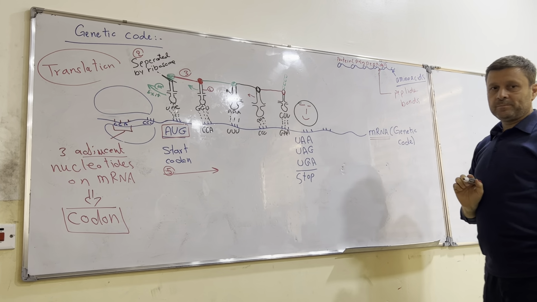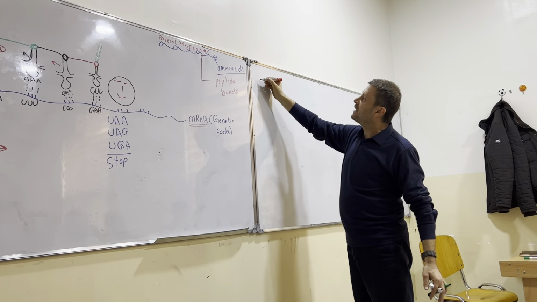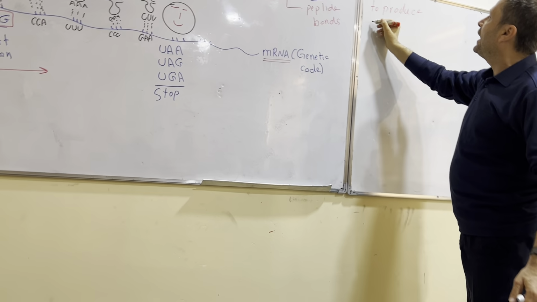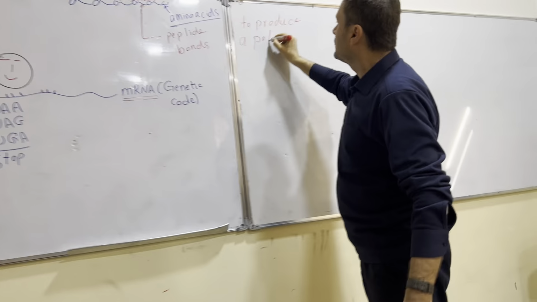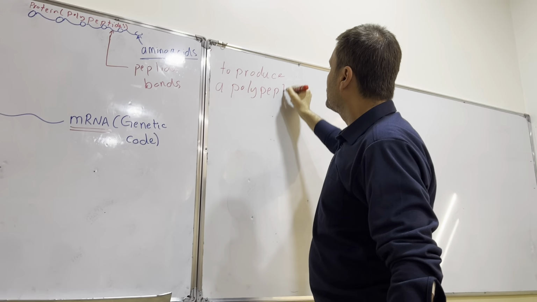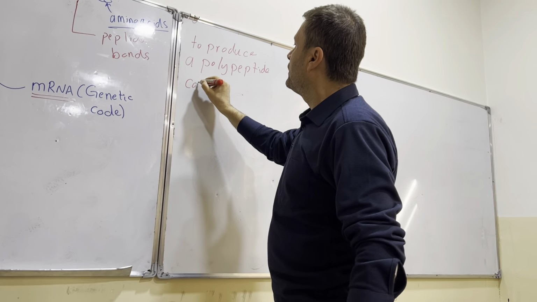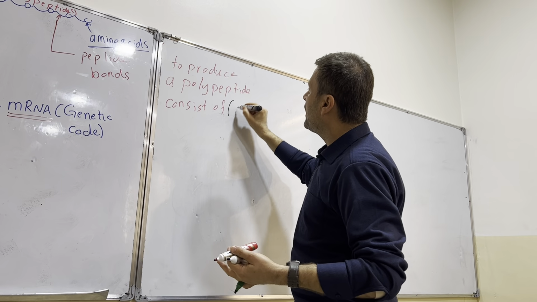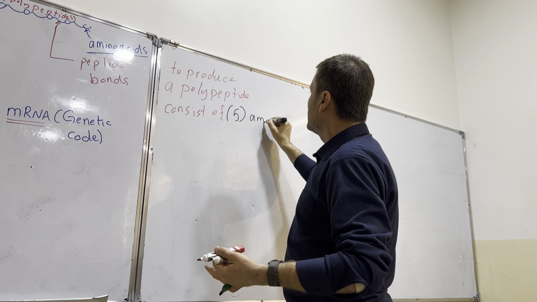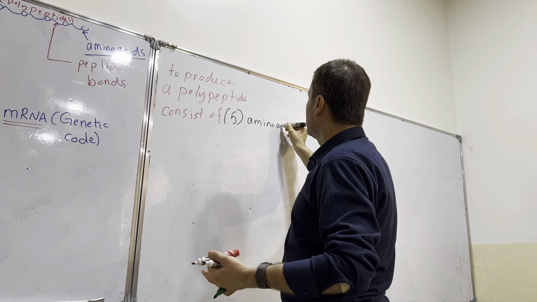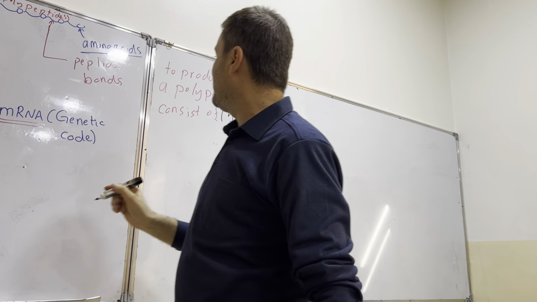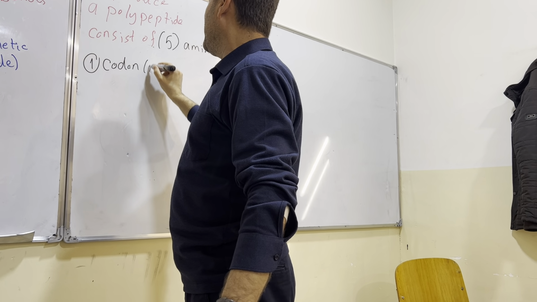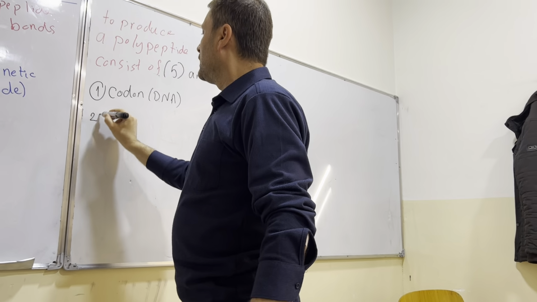To produce a polypeptide that consists of 10 amino acids, we need how many codons on DNA? 10 codons.